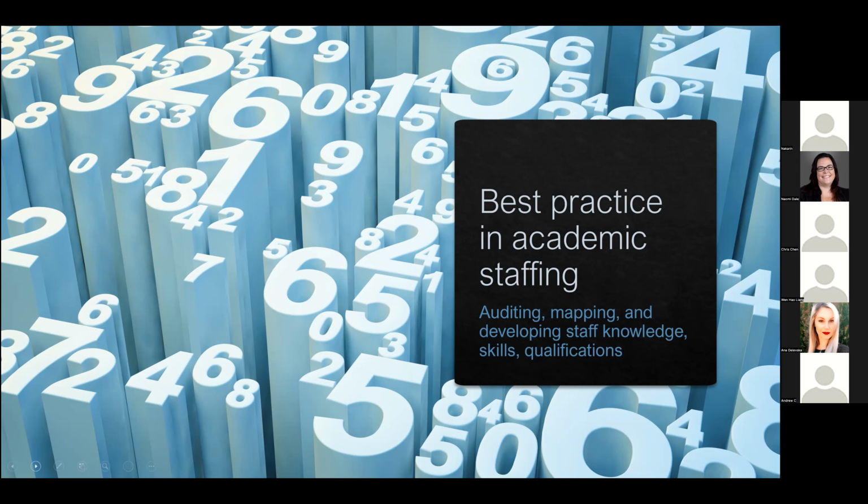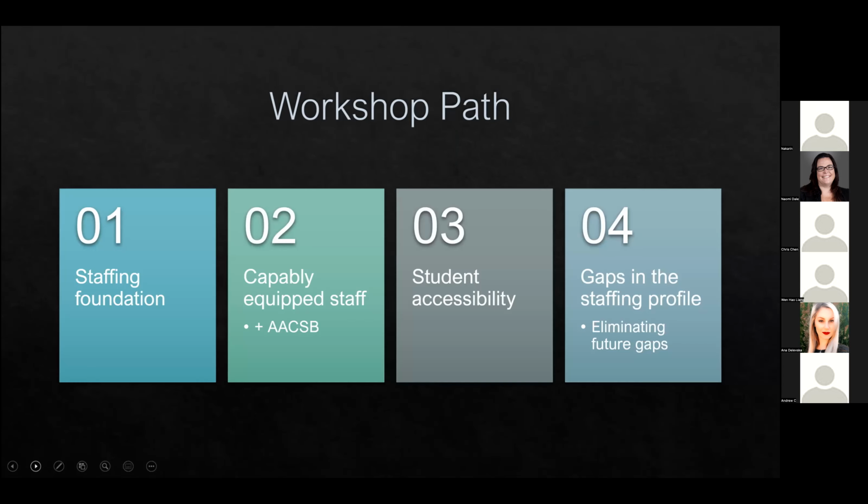And so what are we going to look at specifically today? Well, we're going to address this in 4 parts. We'll first start with the staffing foundation. We'll then look at capability or capably equipped staff, and we'll also tie this into AACSB. I know that some of the institutions that you're representing are either AACSB members or are looking to become accredited with AACSB.